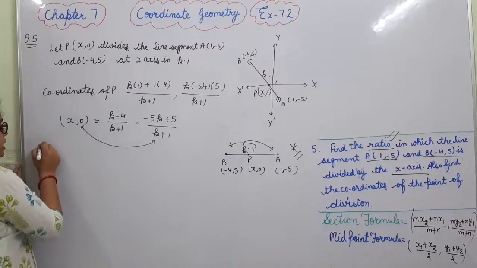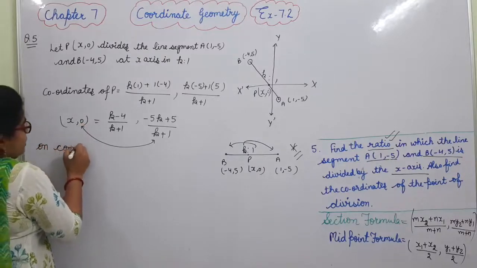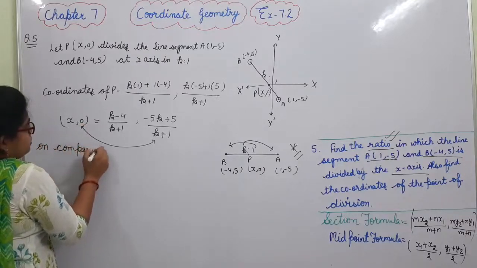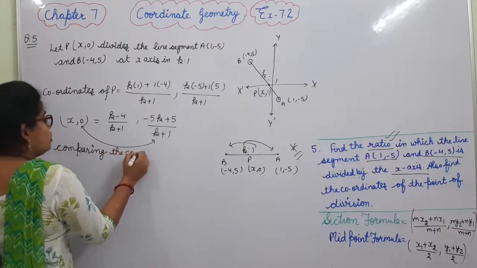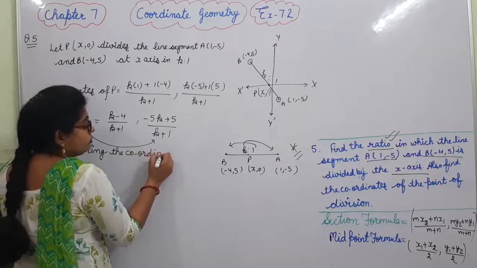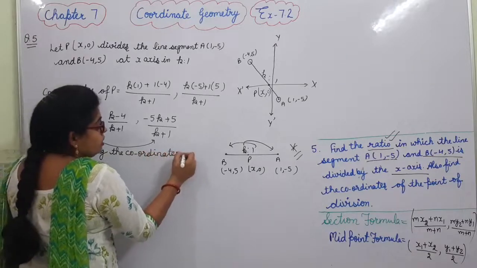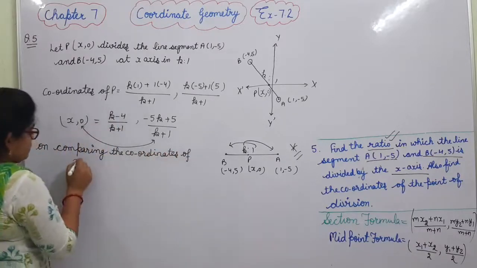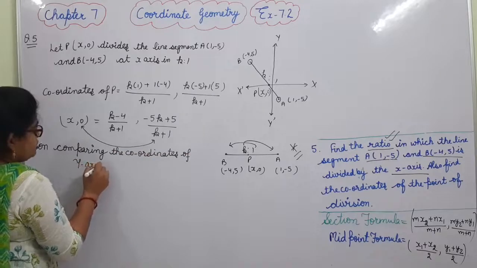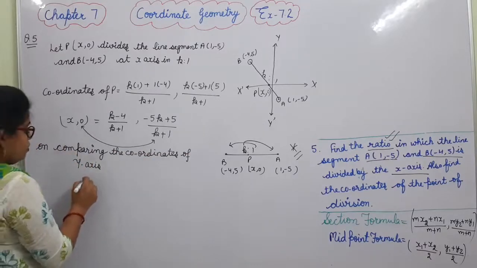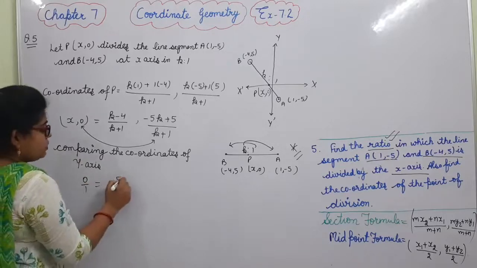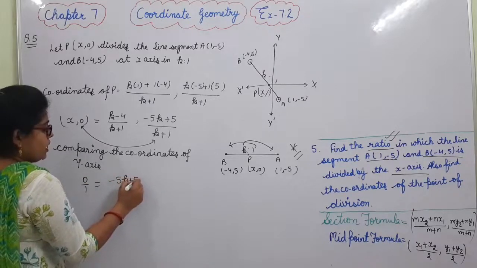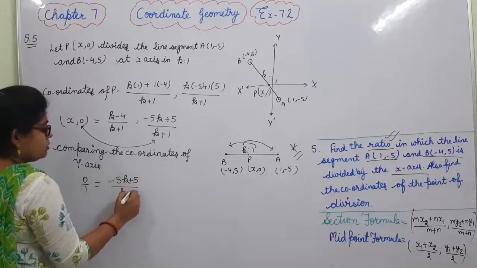So what will we write? On comparing the coordinates of y axis, this 0 can be written as 0 by 1 and it is equal to (minus 5k plus 5) divided by (k plus 1).